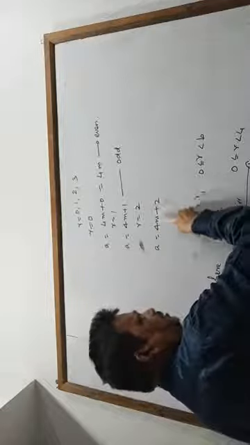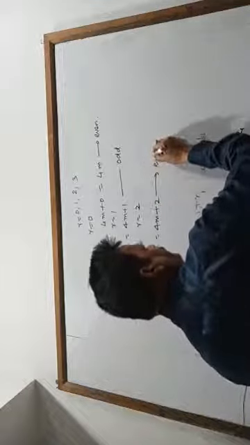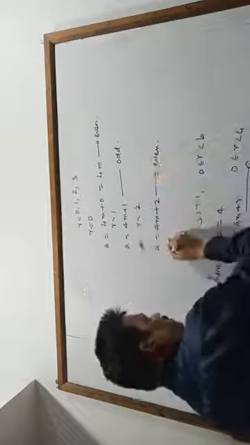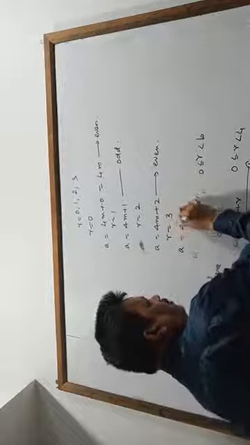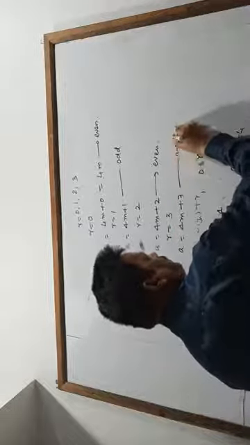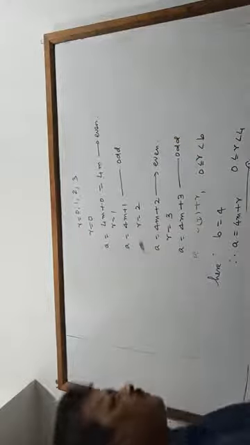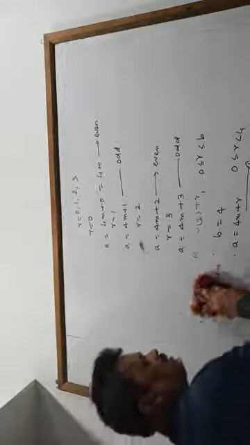Plus 2 will make it even. R equals 3, A equals 4m plus 3. This is odd. I can take one more question on this.